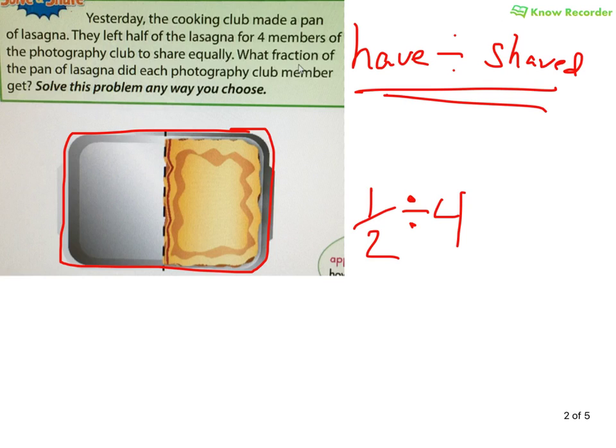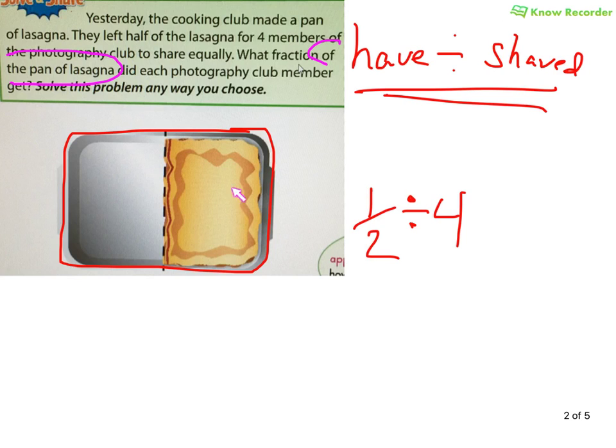The big thing is, I need to make sure I read the rest of my question. What fraction of the pan of lasagna did each photography member get? This is what matters. This is where a lot of people messed up today. Of the pan of lasagna. They were not talking about of the half.